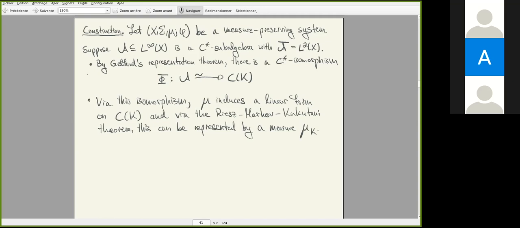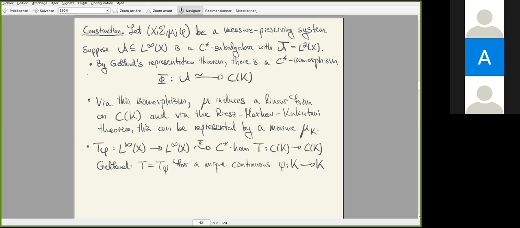Now we need to also pull over the dynamics. So we consider the Koopman operator on L infinity of X. And if we assume the algebra A is invariant, then this induced isomorphism phi can be used to also obtain an induced operator T on the space C of K. But for that, it's important that the algebra A is invariant.